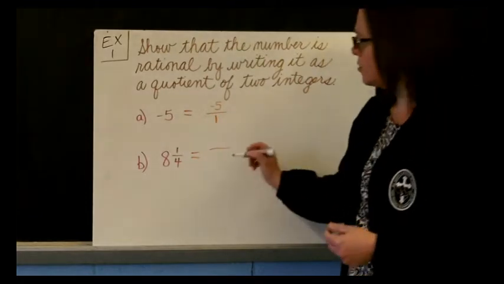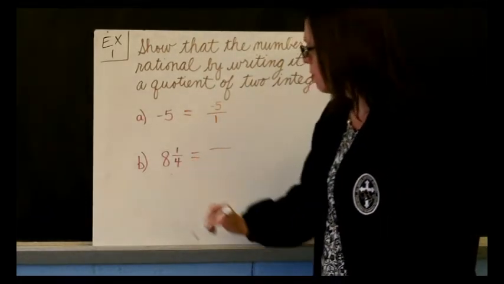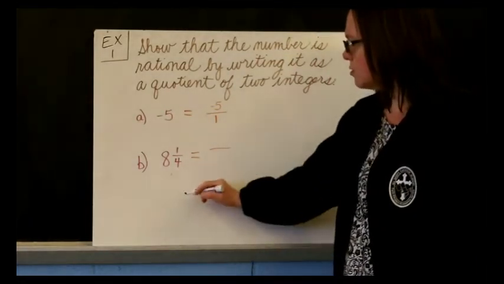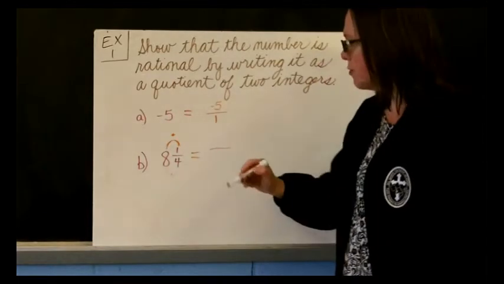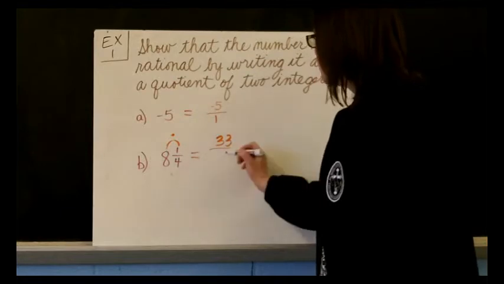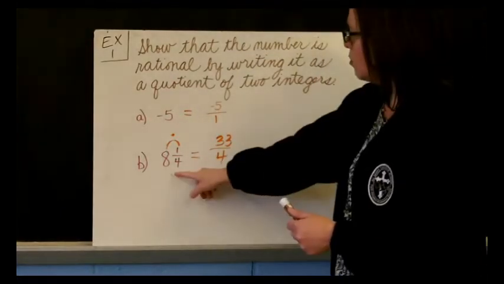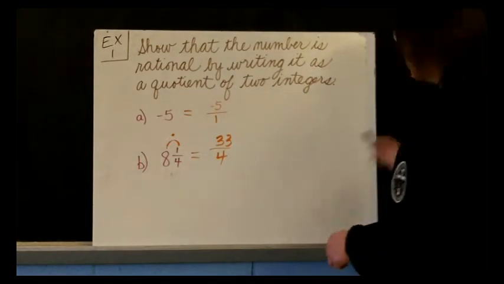If you remember, the way to do that is to take your denominator and multiply it by your whole number there. 4 times 8 is 32, and then you add to it the numerator. So our numerator is 33, and we keep the same denominator, which is 4. 8 1/4, represented as a fraction, is 33/4.